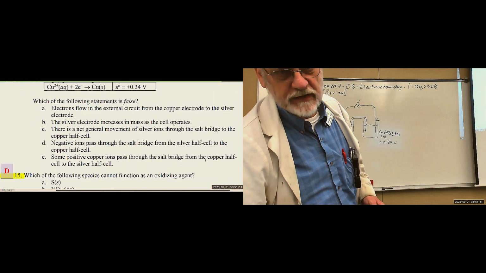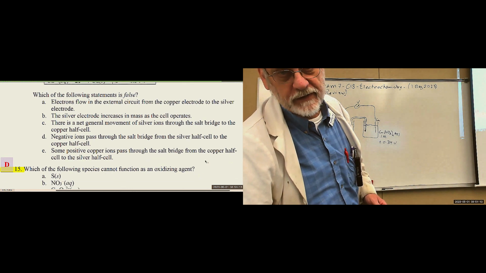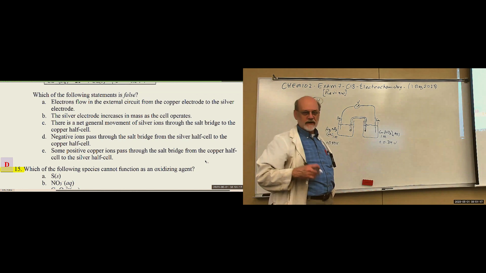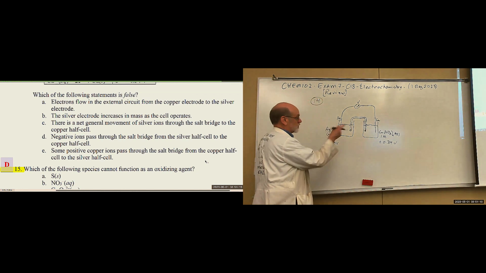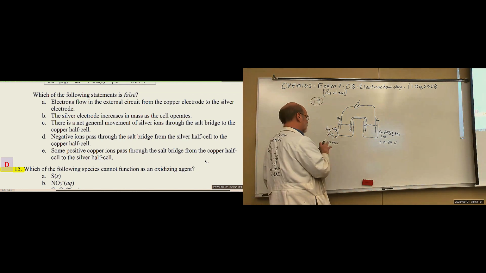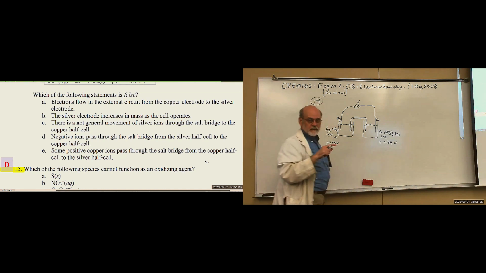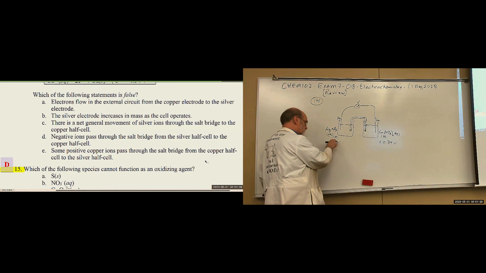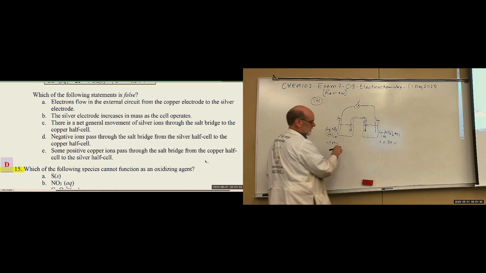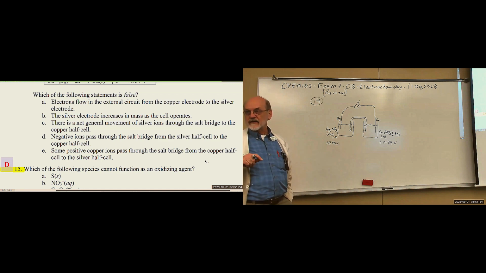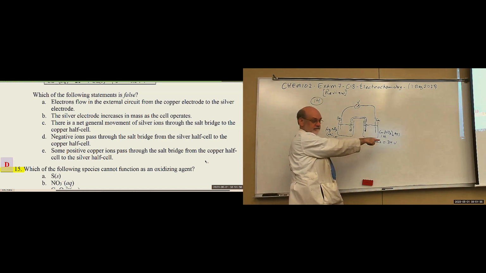We may not have needed all that stuff, but I put it up there anyway. Electrons flow in the external circuit from the copper electrode to the silver electrode. Okay, so we do need to determine which one's the cathode, which one's the anode. I look at the voltages. If we're talking about standard conditions, which is 1 molar, 1 molar, then which one can we make negative and still come out with a positive value? Has to be this one, right?